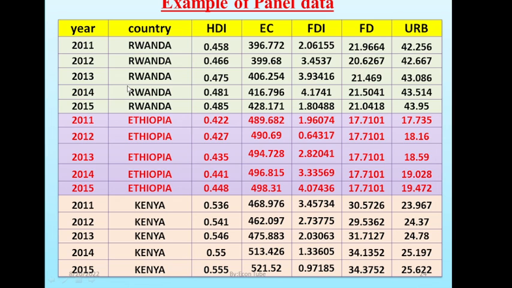This is cross-sectional plus time series. We observe Human Development Index data, ESG, foreign direct investment, financial development, urban population. This is all about panel data.